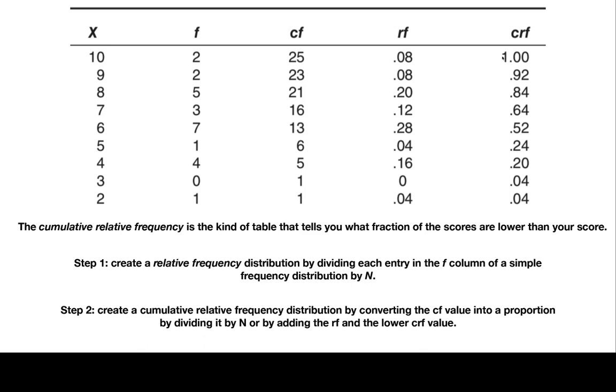Again, in this particular example, we have the highest score, which is equivalent to 10. And we need to take note that the top score should get a 1.0 CRF. If not, then your computation might be incorrect.